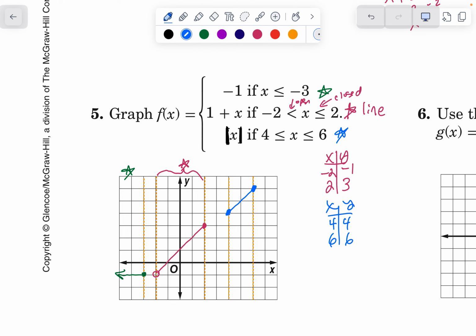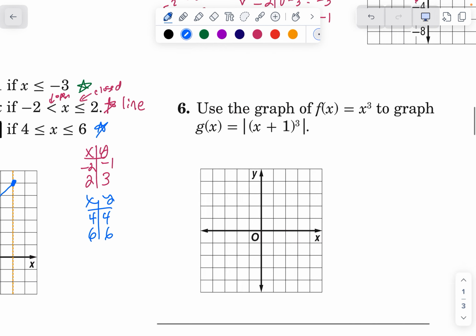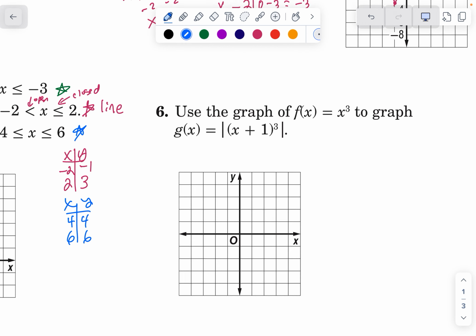Okay, let's look at number 6. Number 6, let's take the absolute value bars off. We haven't talked about that much. Okay, so pretend those aren't there. Let's say that we want to graph f of x equals x cubed.